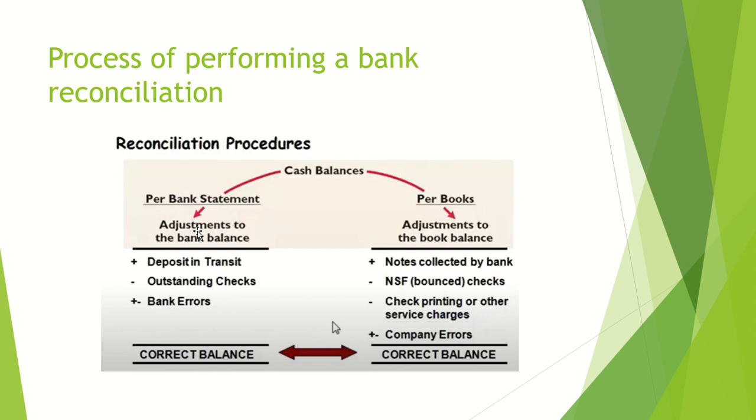But because it's shown on the bank statement, it's not going to be shown on the book balance. In other words, the company doesn't know what notes were collected, and they're not going to know what interest has been earned until the bank statement has been generated for the period.